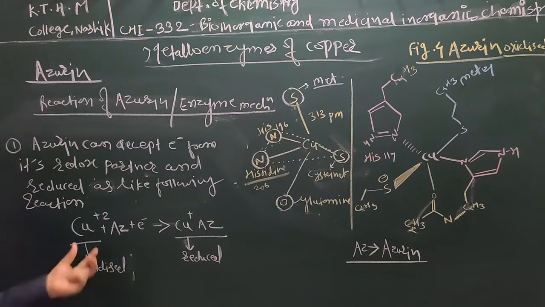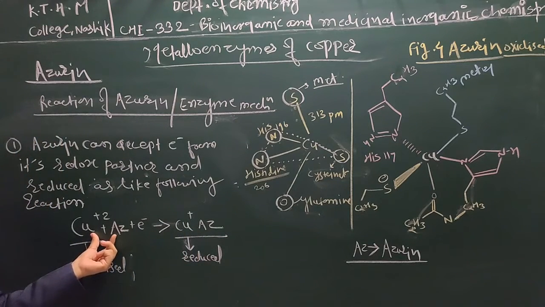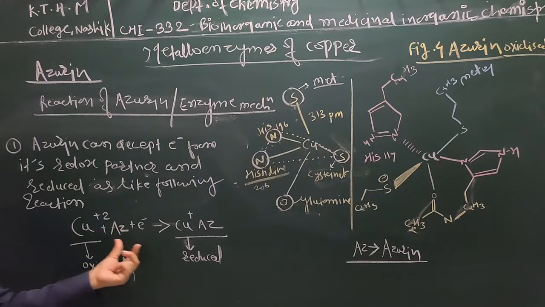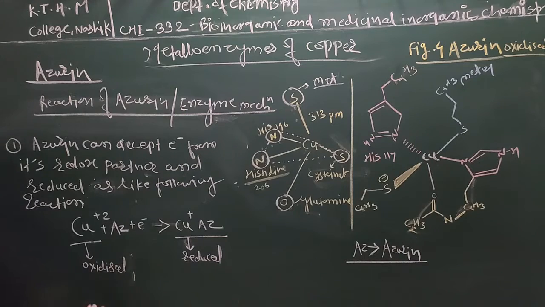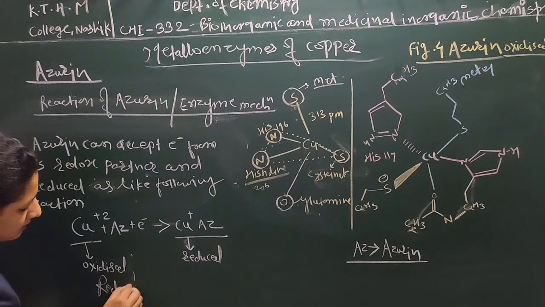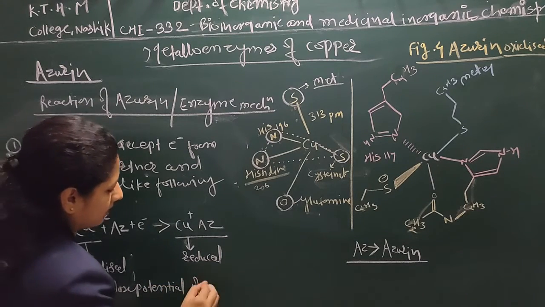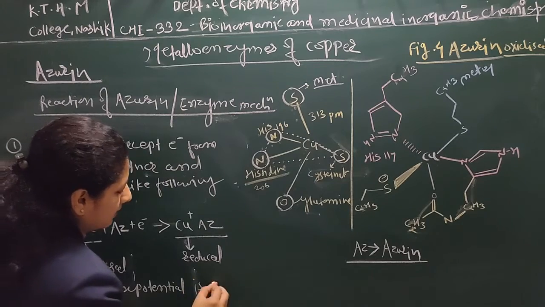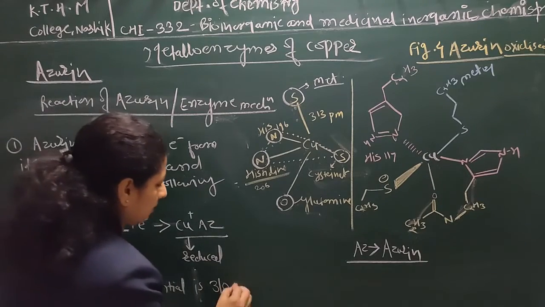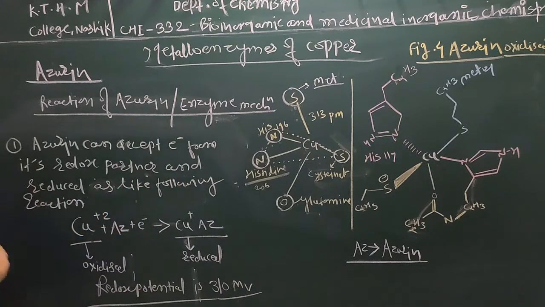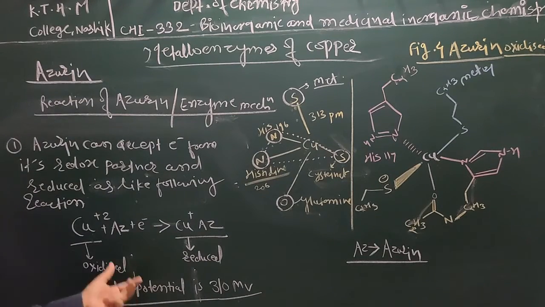So copper 2+ is reduced to copper +1. Azurin accepts an electron from the redox partner and is reduced, and the redox potential for this reaction is approximately 310 mV. So this is the general enzymatic reaction of azurin.